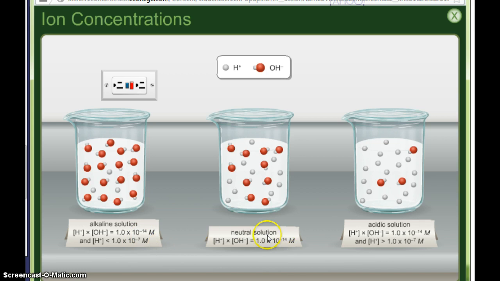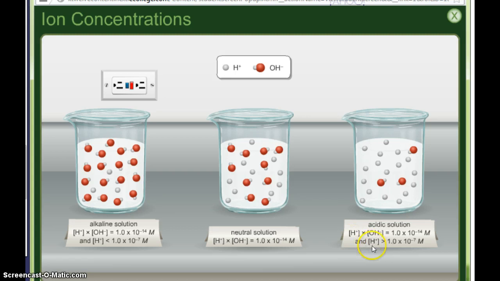When you're neutral, you have exactly 1 times 10 to the negative 7th of both the hydroxide and hydrogen ions. And of course, when you multiply them together, you get 1 times 10 to the negative 14th molar. What about when we have an acidic solution? Still, when you multiply them together, what do you get? 1 times 10 to the negative 14th molar.